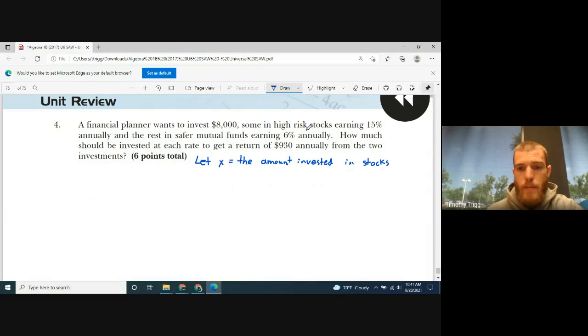Okay, so he's investing some of the money in stocks and then some of the money in a mutual fund. So what do you suppose y is going to be? Let y equal the amount invested in the mutual fund. I know my writing is really slow and sloppy because I'm using a mouse.